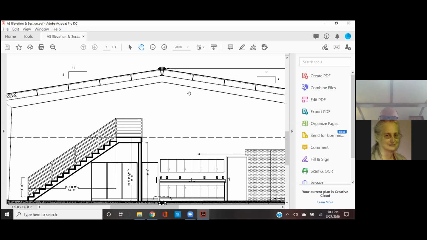25 feet times 4.5 feet, which is the height we figured.